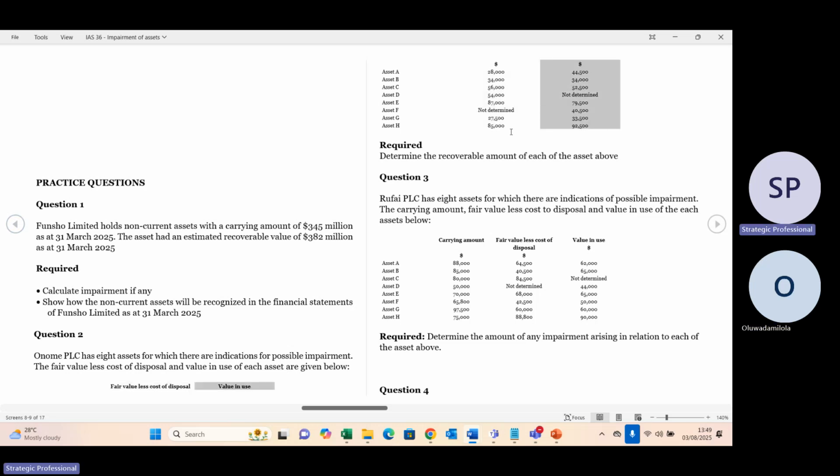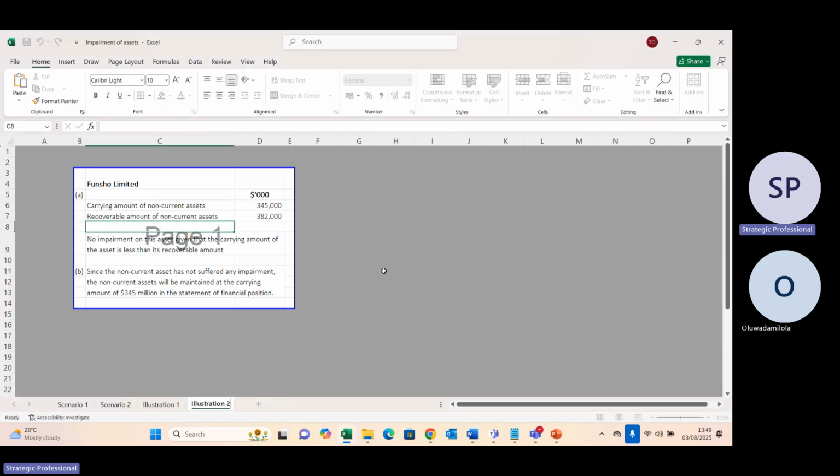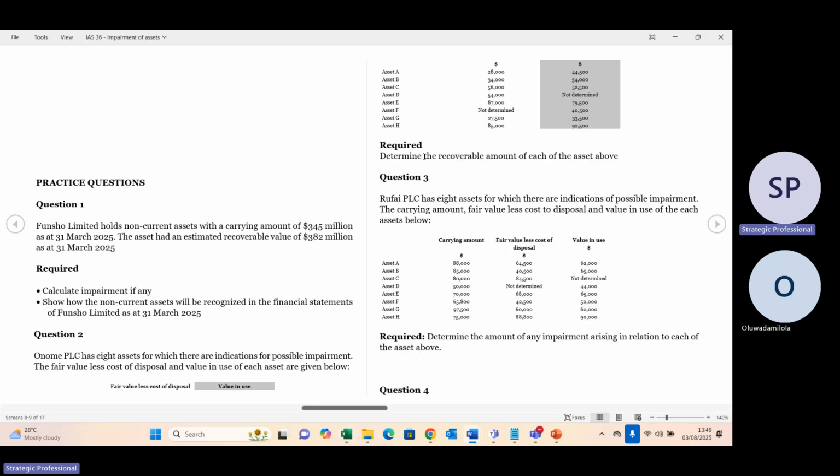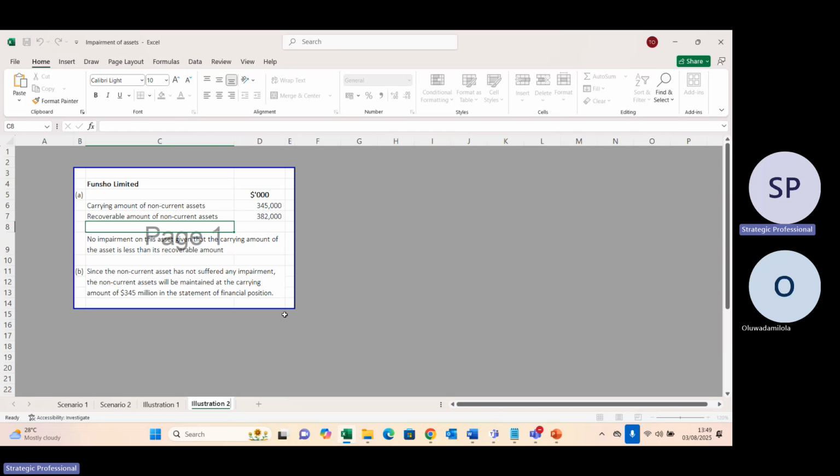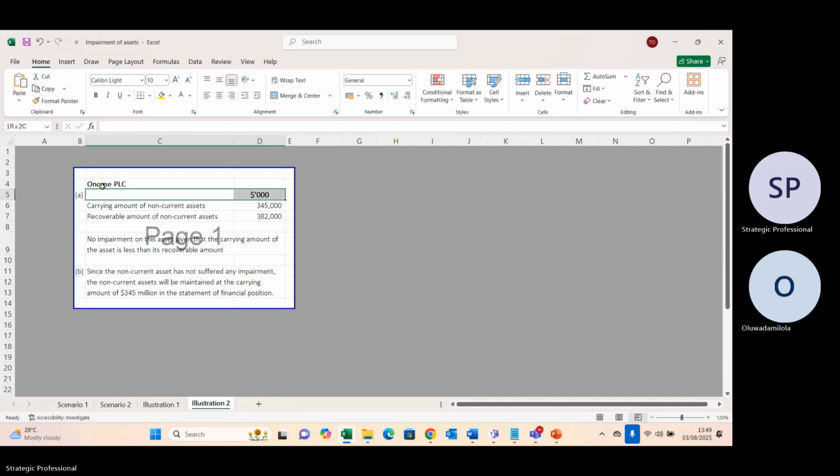The requirement is that we should determine the recoverable amount.